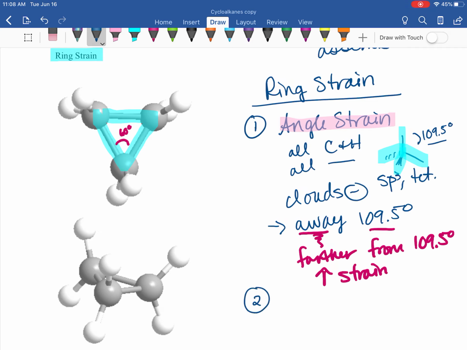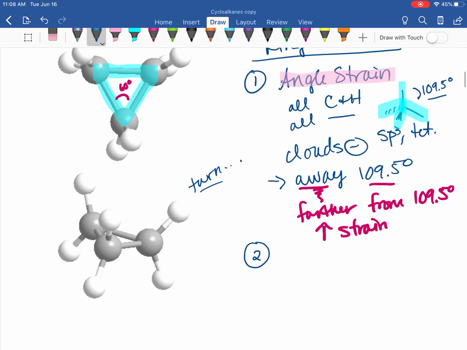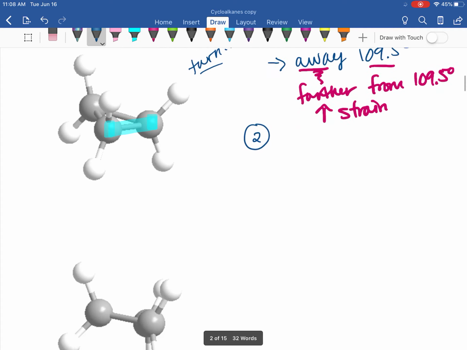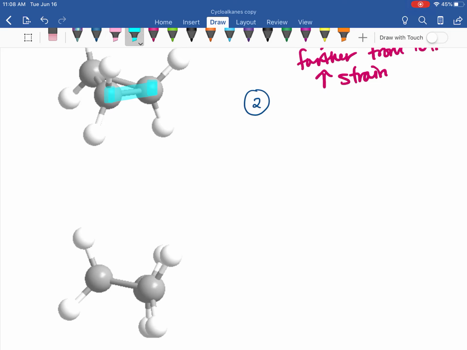All right, and then number 2, we're not actually done. I want you to take your model set and start to turn it. I want you to start to picture almost like a Newman projection where we can start to look down these bonds. And that's going to help us with our second strain called torsional strain. So I've got that down here.